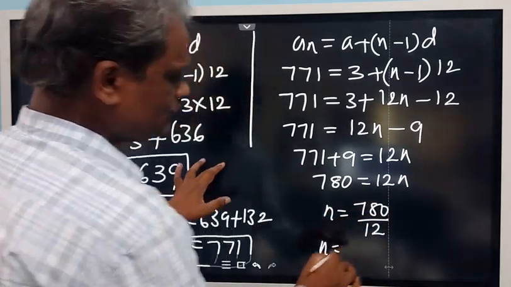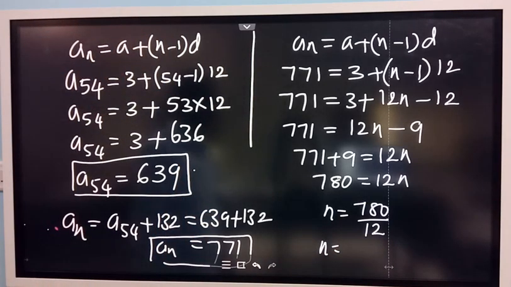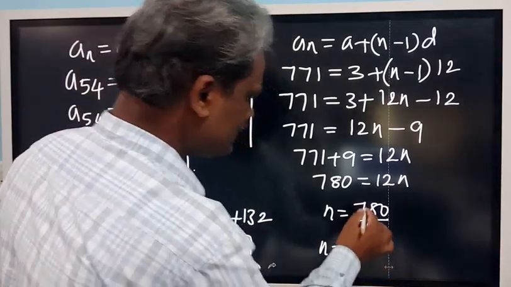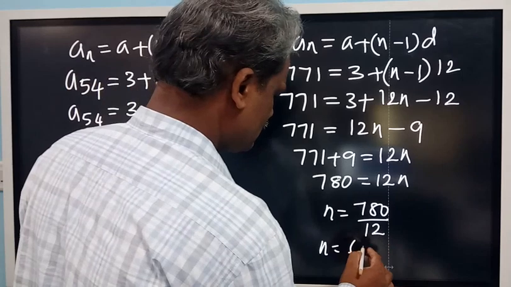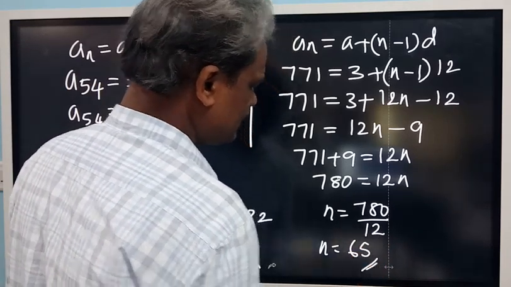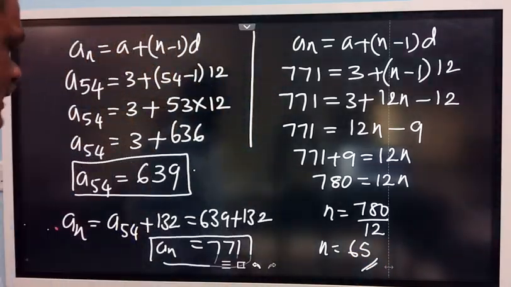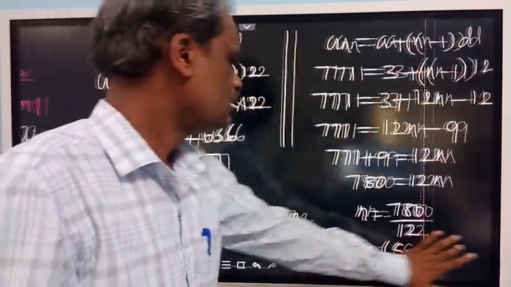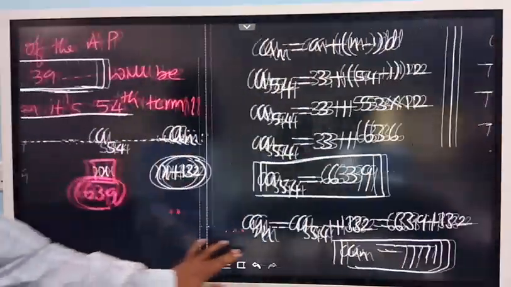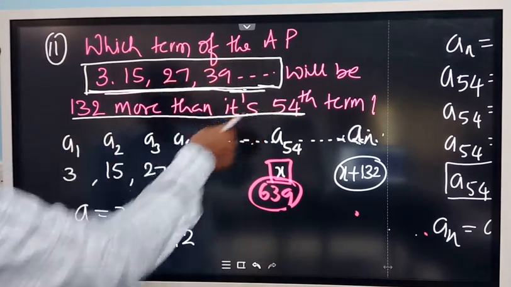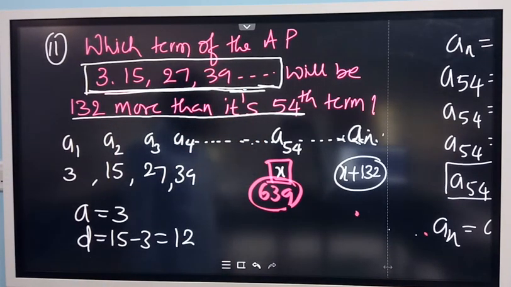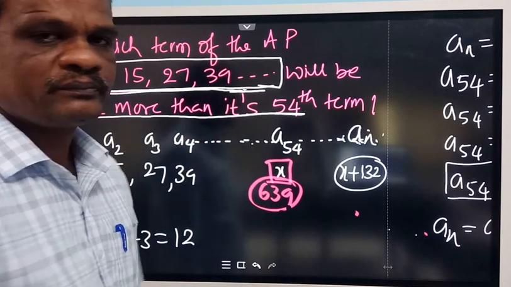So n is equal to 65, since 12 times 5 is 60 and 12 times 6 is 72. So what conclusion will you write here? n is equal to 65. Which term of the AP will be 132 more than its 54th term? The 65th term.